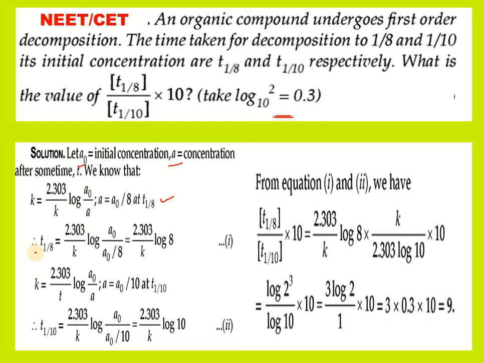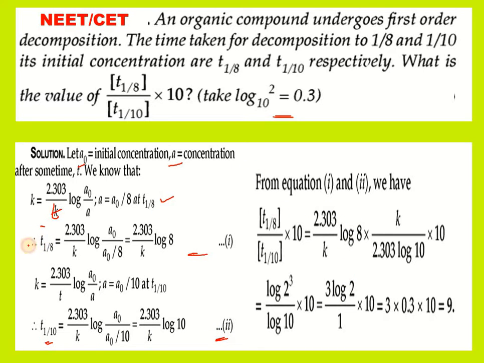Coming to the T 1 by 8 expression, 2.303 by K into log 8, which is the first expression. Similarly, for the second expression, we have 2.303 by K into log A naught by A naught by 10. That becomes 2.303 by K into log 10, the second equation.